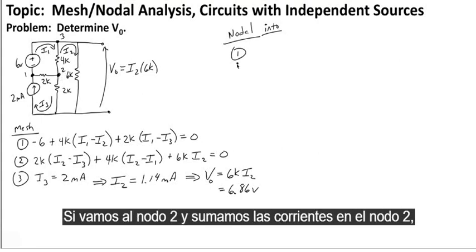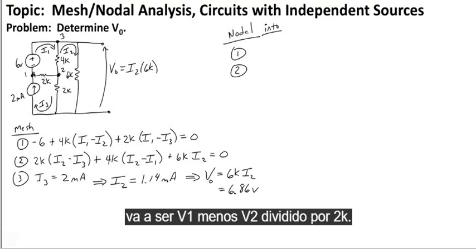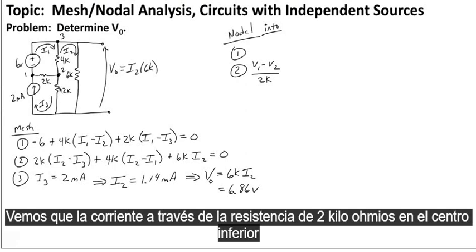If we go to node 2 and we sum the currents into node 2, then the current through this 2 kilo ohm resistor is going to be V1 minus V2 divided by 2K. We sum the current through the 2 kilo ohm resistor in the bottom center of the circuit.